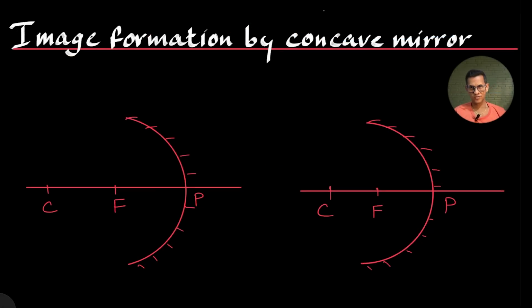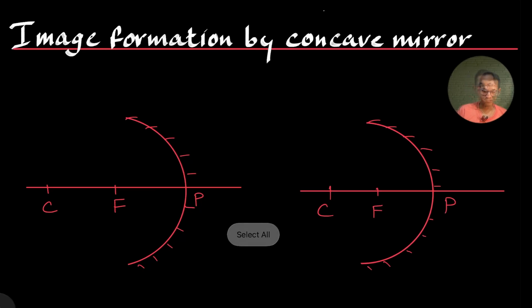The next part of this chapter is formation of image by spherical mirrors. So for now, we'll focus on concave mirror and see how it forms an image. Before we move on to actual image formation diagrams, we need to remember a few rules which we can use to draw these diagrams.